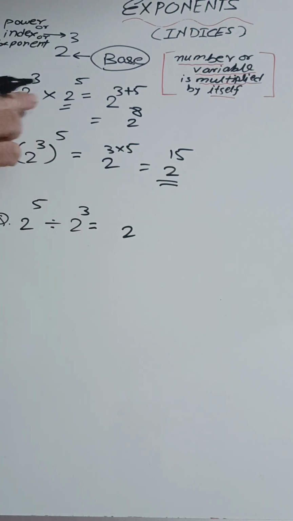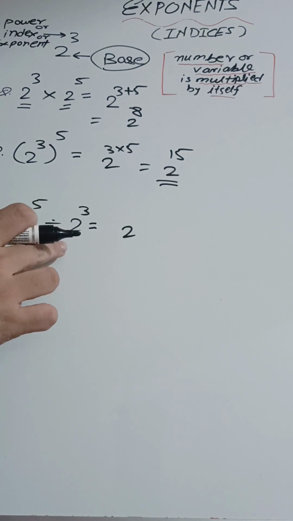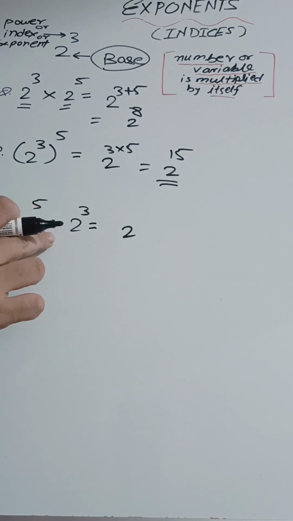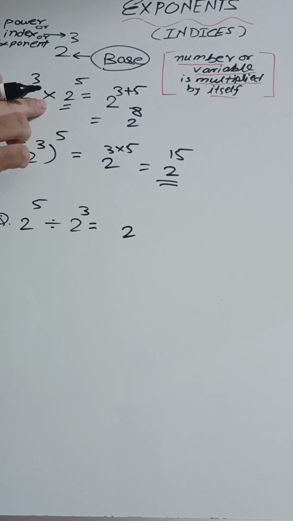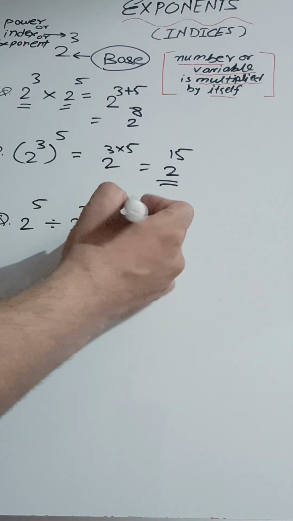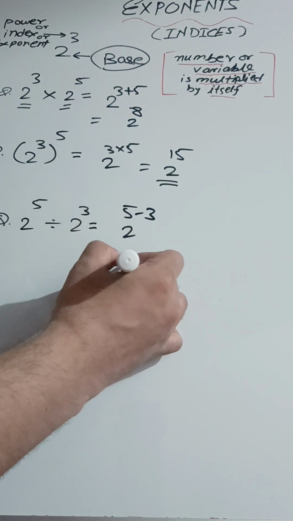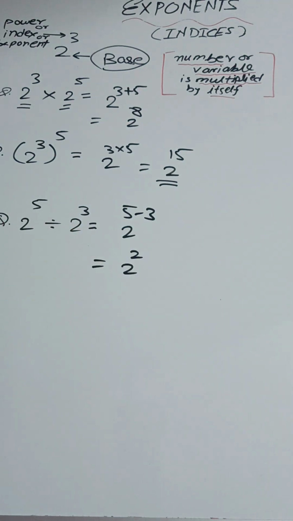Here also your base is same, so the base is similar. So what do you have to do with the powers? Here you have to subtract, if it is in division. Where it was multiplication, you add the powers. Now here it is division, so simply 5 minus 3, that is 2. So 2 raised to power 2. So this is your final answer for this type.